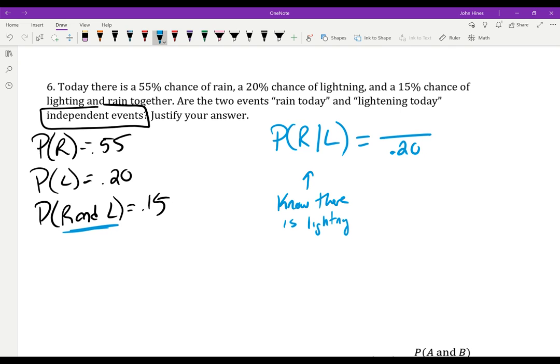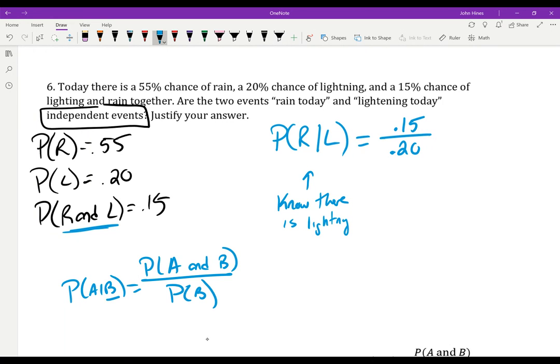I have to use the and probability, because in lesson 3, I defined the probability of A given B as the probability of both of them occurring, A and B, divided by the probability of your given, B. So I defined a conditional probability last lesson as the probability of and over the given. So that's what I used here. The probability of both of them occurring over the lightning. 15 over 20 is 75%.